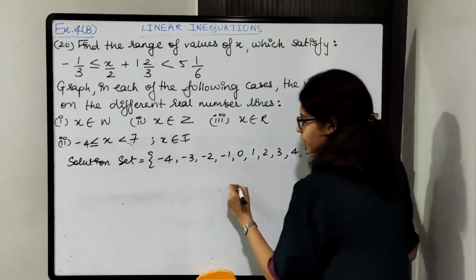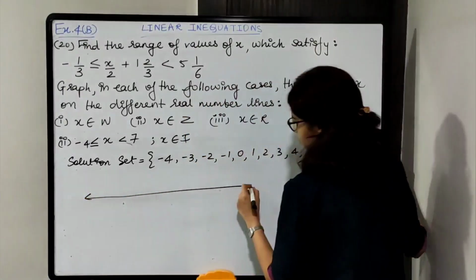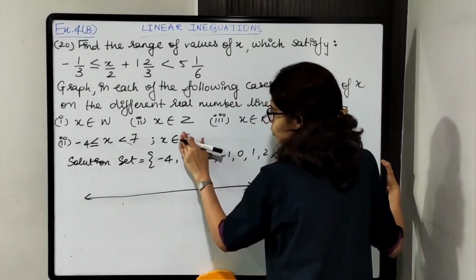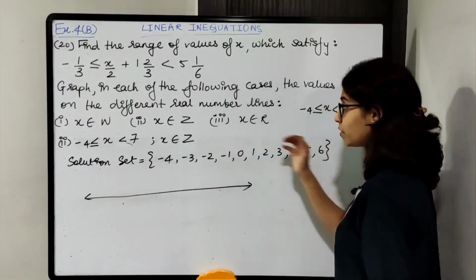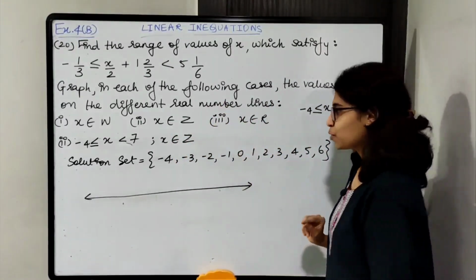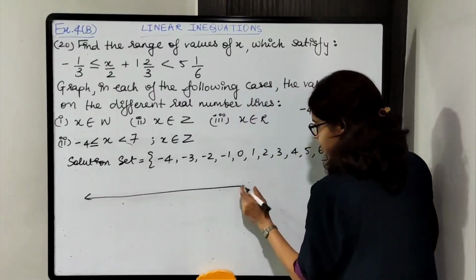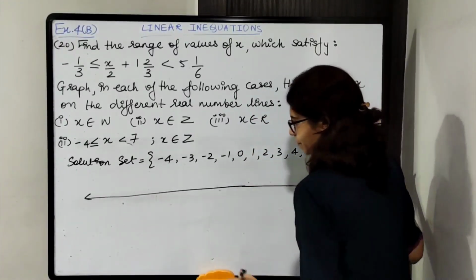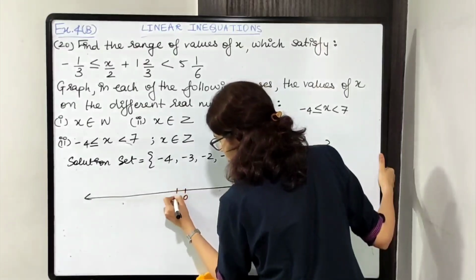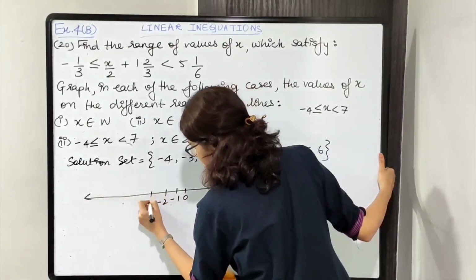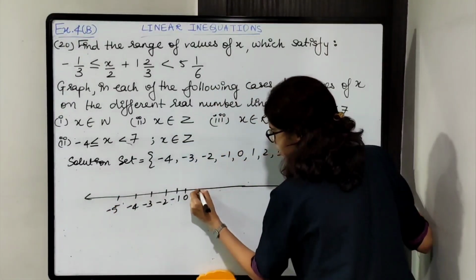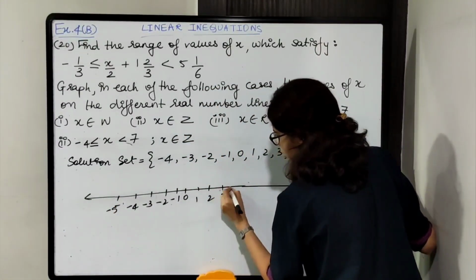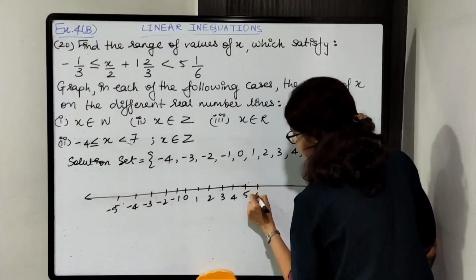So plot this on the number line. I had written I, actually it belongs to Z. I have not written I, I have written Z. So very important, whatever is given, write that only, okay? You need to draw a bigger number line. 0, -1, -2, -3, -4, -5, 1, 2, 3, 4, 5, 6, 7.